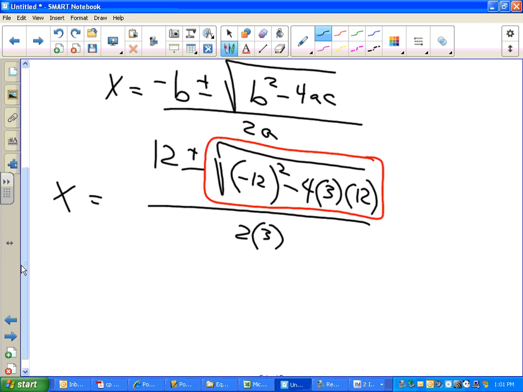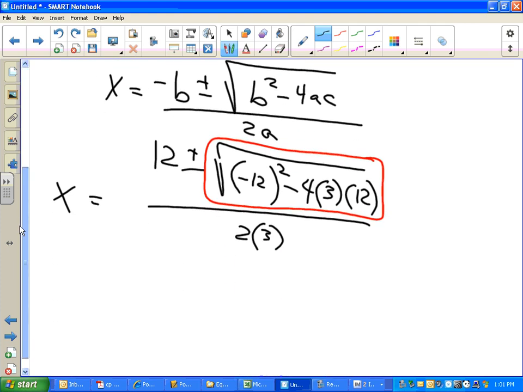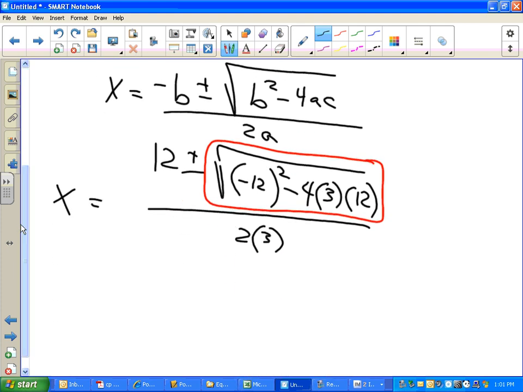This negative 12 squared, right here, is positive 12. Yeah, it's 4ac.